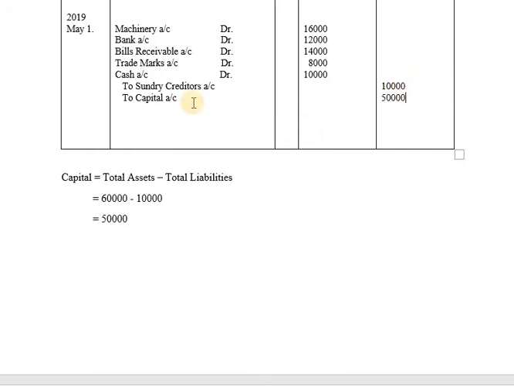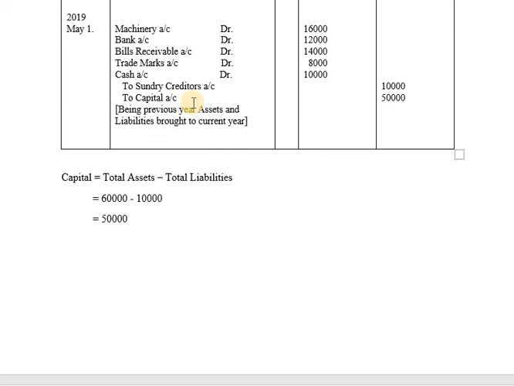And the narration will be: being previous year assets and liabilities brought to current year.